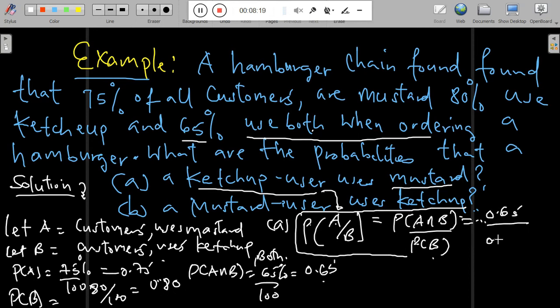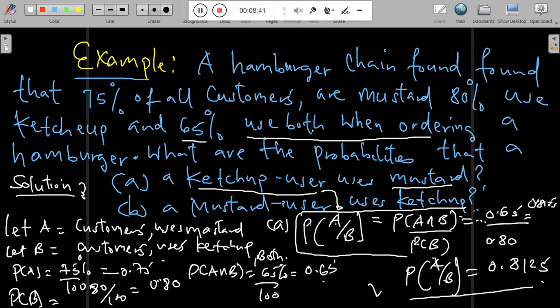Now plug into the formula: P(A|B) is equal to 0.65 divided by 0.80, whereby 0.65 is P(A ∩ B) and P(B) is 0.80. When you divide, the answer is 0.8125.